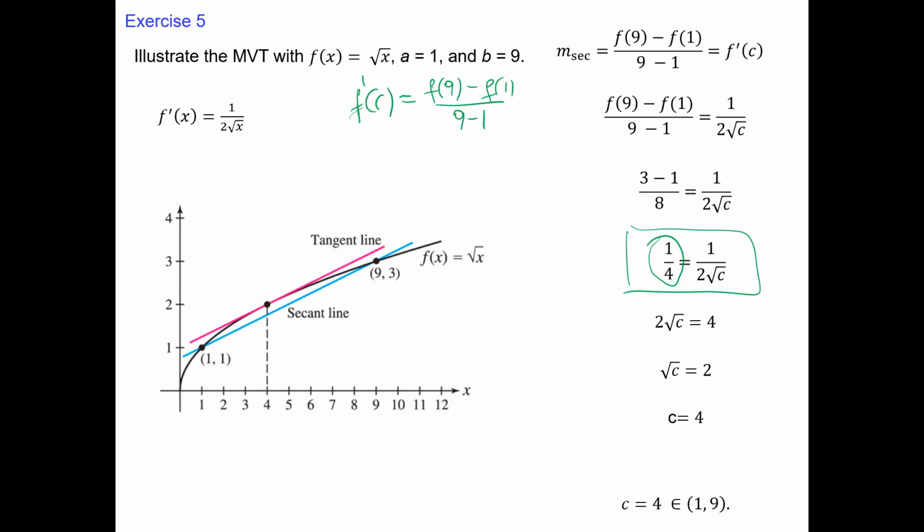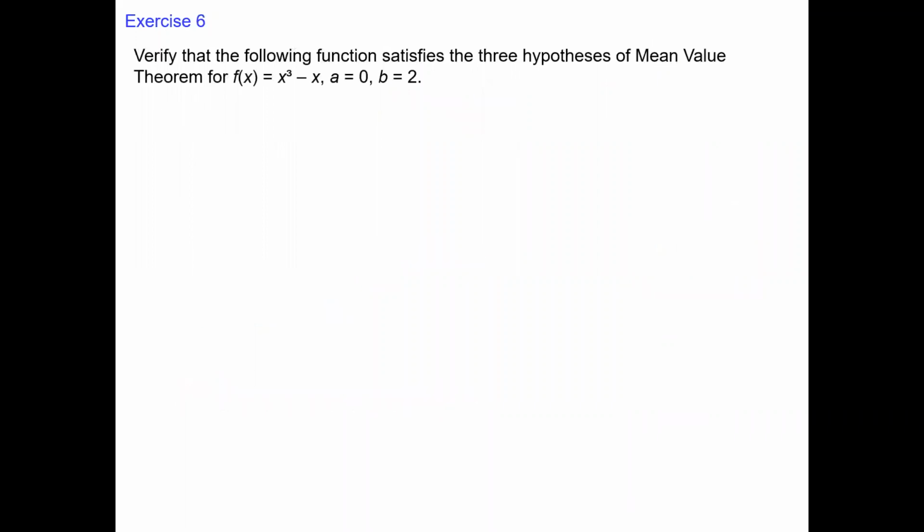Okay, exercise number 6. Okay, the same thing. Verify that following functions satisfy the three hypotheses of the mean value theorem, and we have nice polynomial x cubed minus x from 0 to 2.